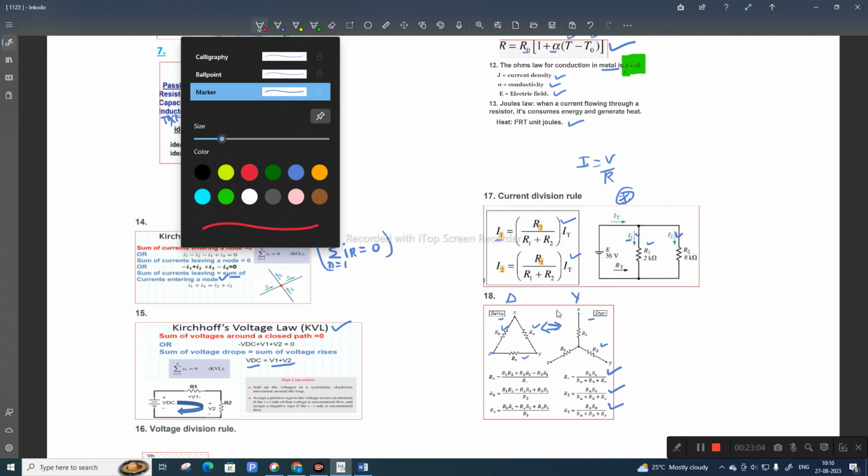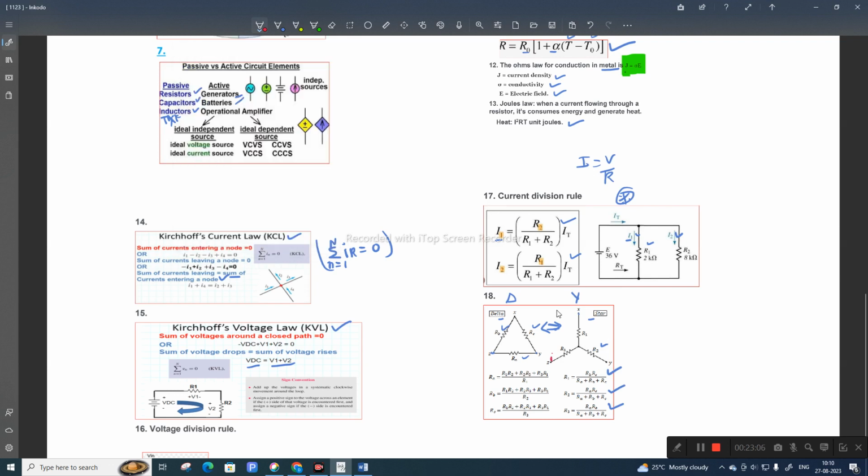See, this is the thing, these two sides. So this resistor R1 into R3, then again R2 into R3, plus then again R3 into R1.